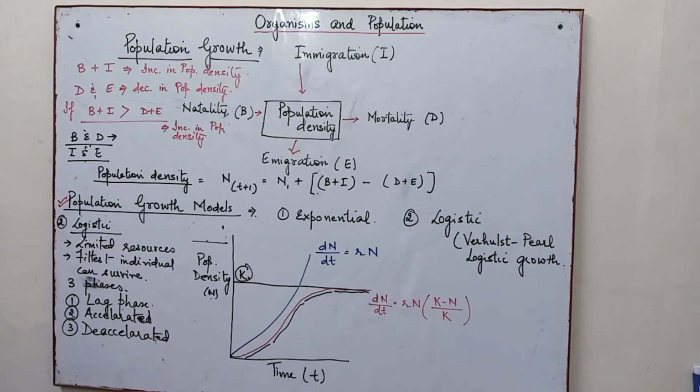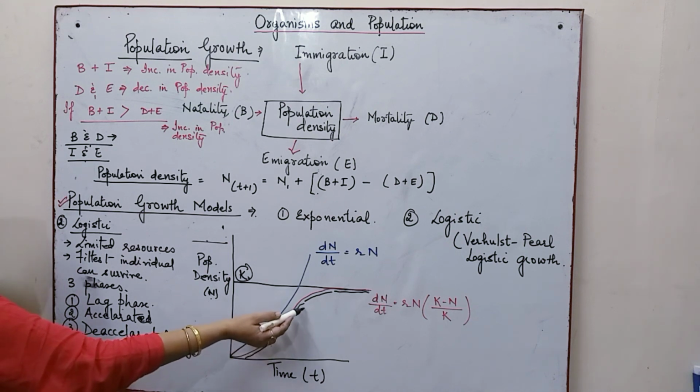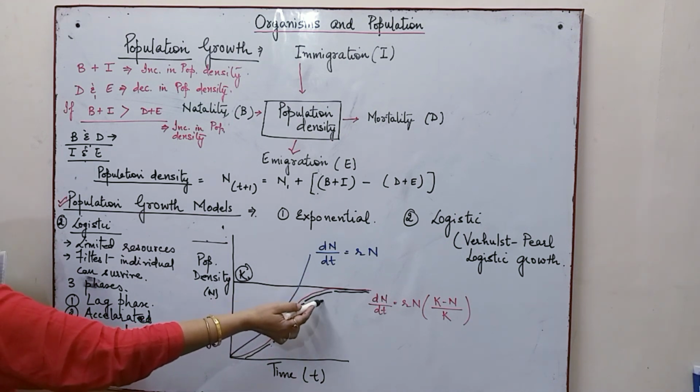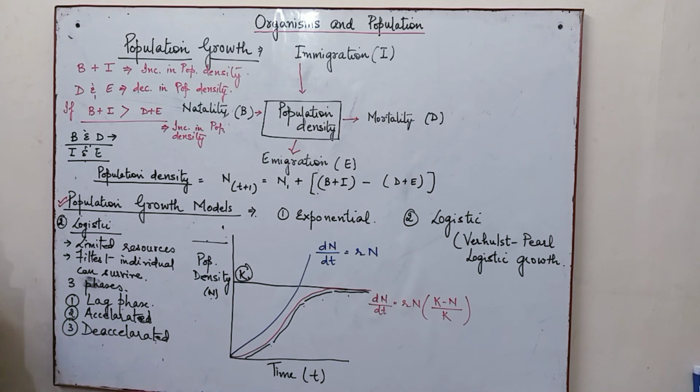So there is no sudden increase or sudden decrease, but it follows a fixed pattern: lag phase followed by the accelerated phase followed by deceleration, and finally the species reaches a stable condition, that is the carrying capacity.